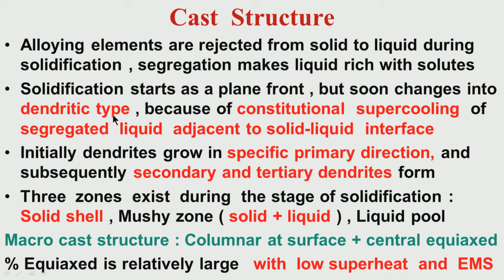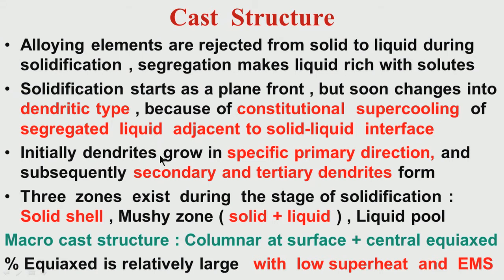Dendrite forms because of segregation. Please try to remember: because there is segregation, there will be constitutional supercooling, and because of this you have dendrite, that means a tree-like formation that grows in a particular direction. So, this is important to understand.